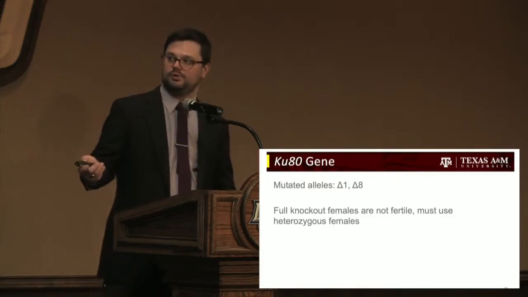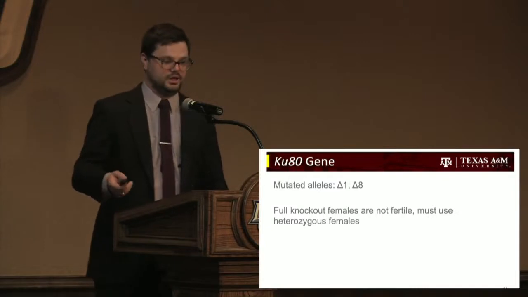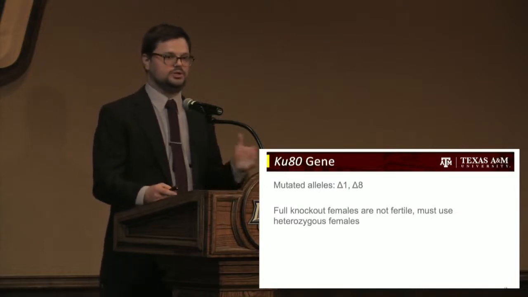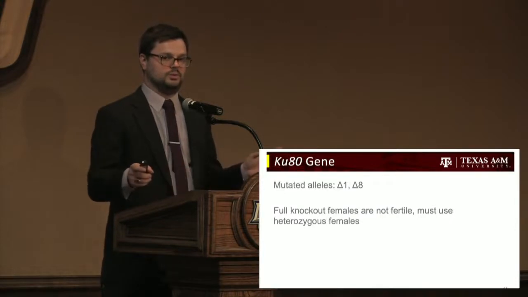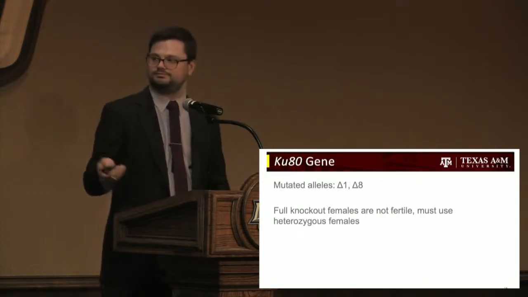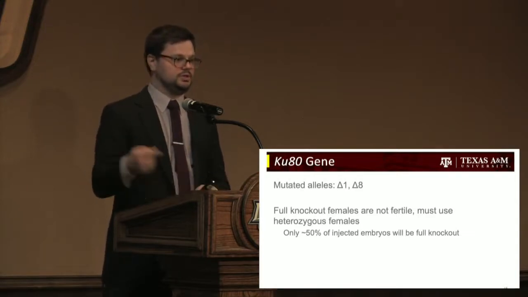If we get full knockout females with Q80, they're not fertile. So when we're doing our genotyping, we'll get knockout males and then cross them with heterozygous females, which means that only 50% of the embryos that we inject are going to be full knockout.